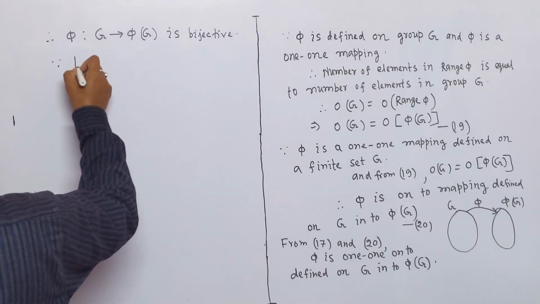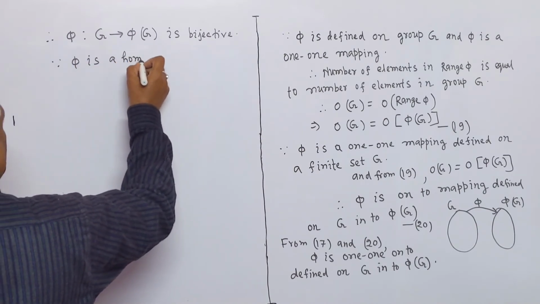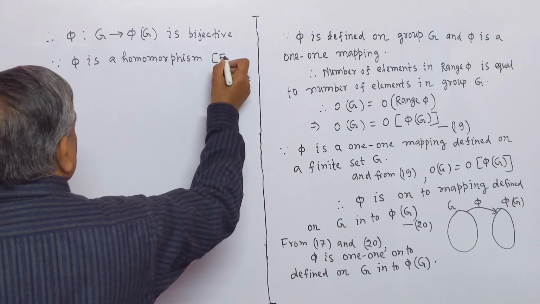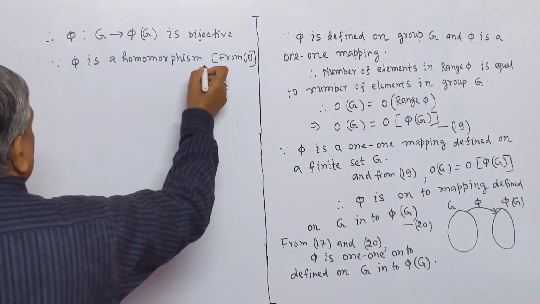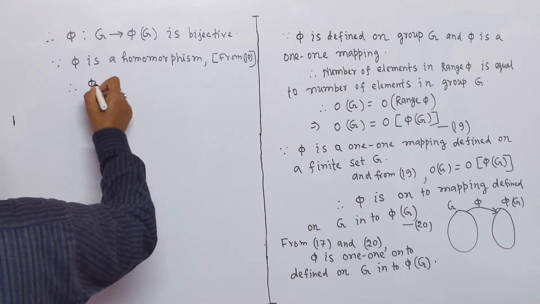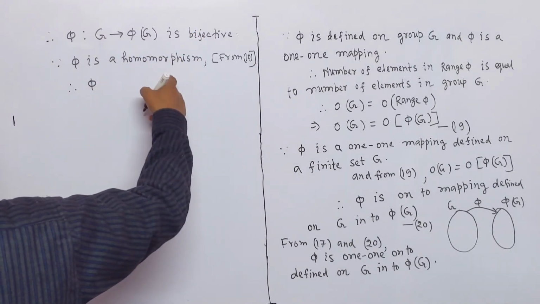Since phi is a homomorphism from 10, therefore phi is a bijective mapping and homomorphism.